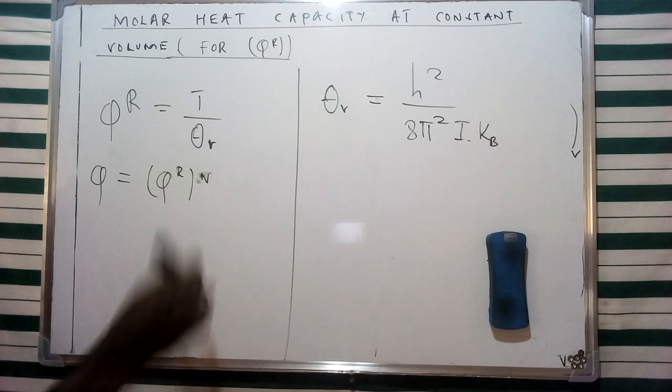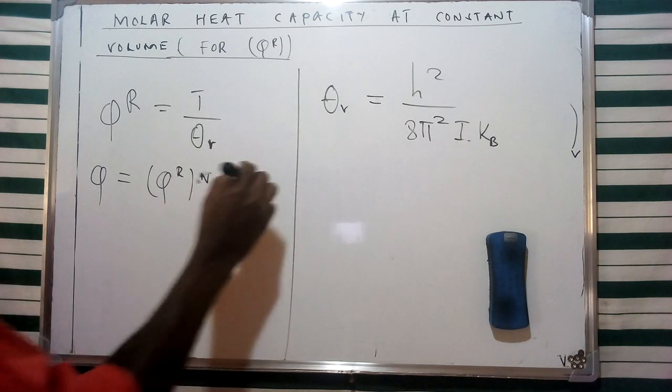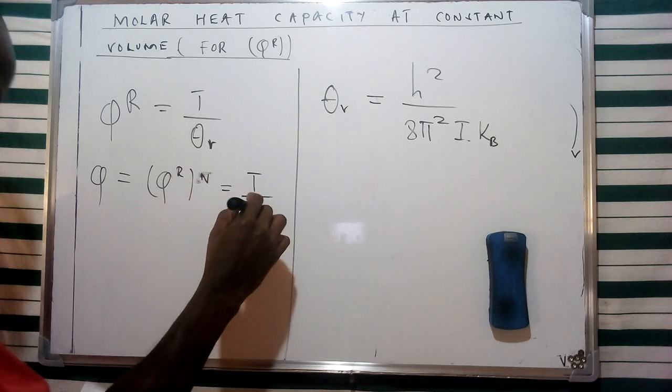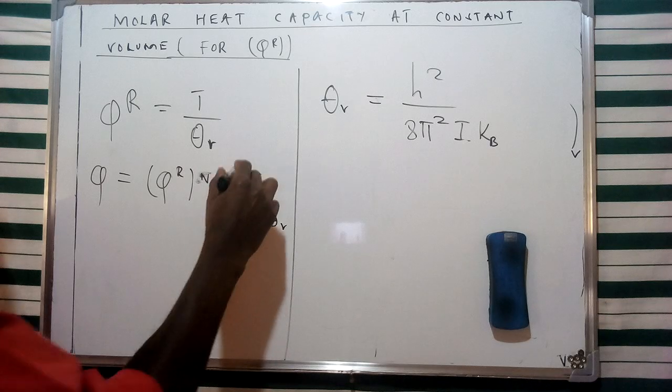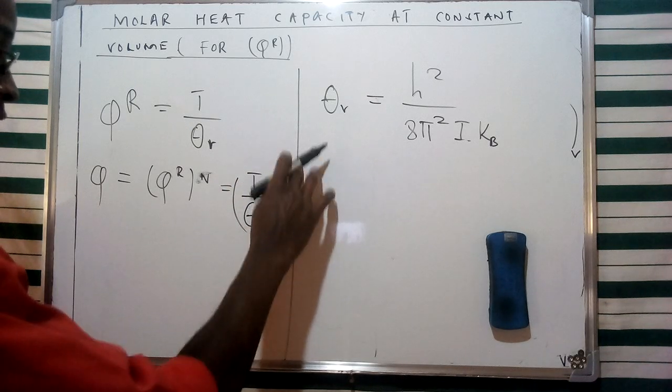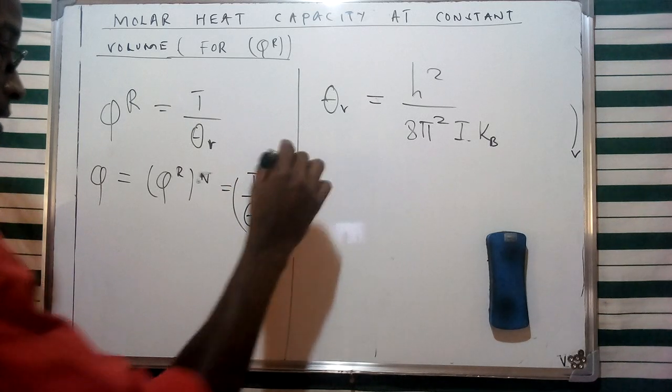Now, this is equivalent to T over, and I'm going to give an elaboration of this notation, which we have discussed in one of our videos. So we're going to have this representation given as such.